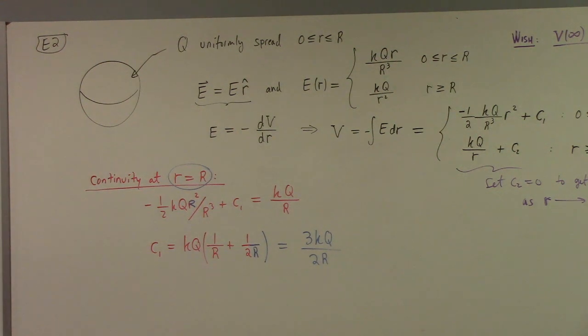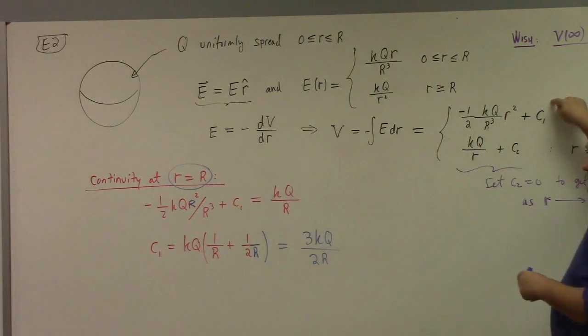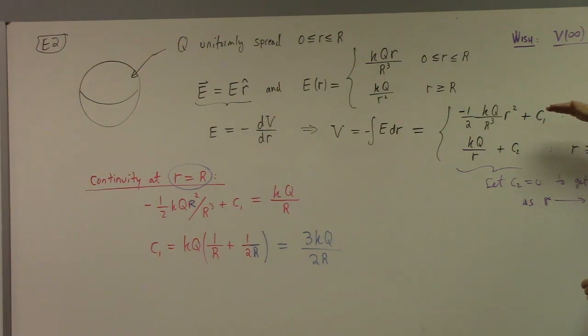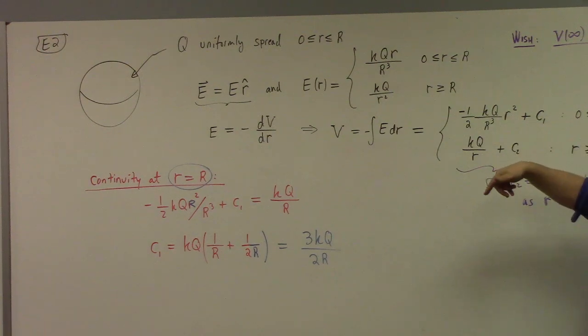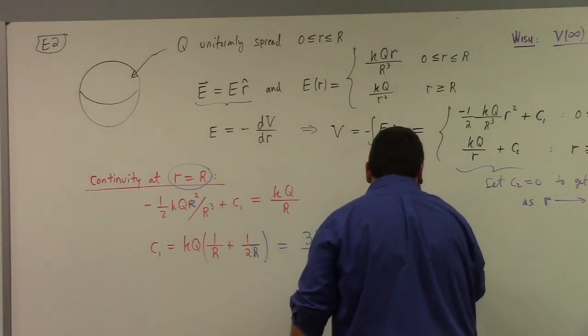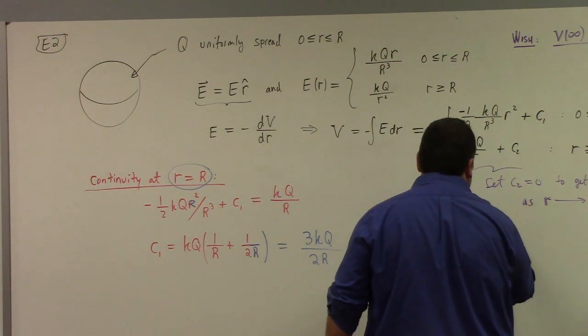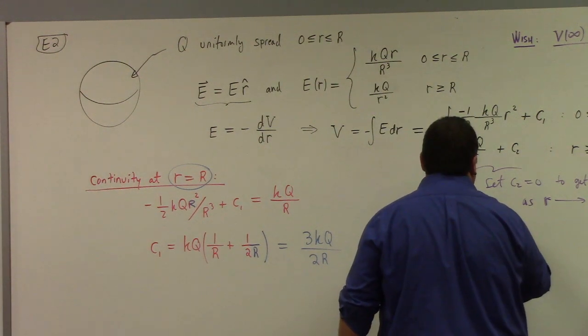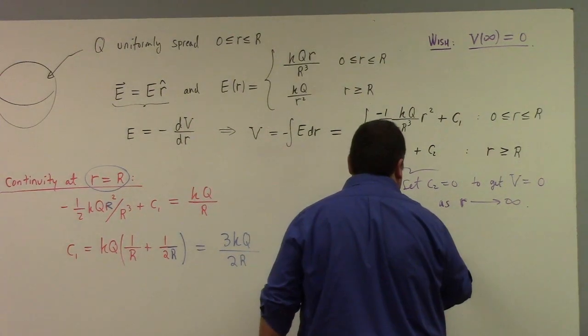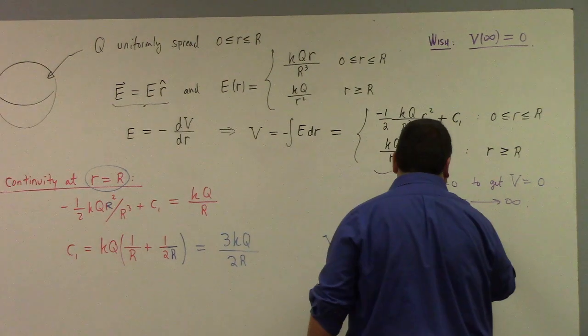Let's see here. So if I do that, when you plug that value in for the constant here, we agree that the voltage at the surface of the sphere is kQ over big R. So in summary, the voltage as a function of position is equal to minus 1/2 kQ over big R cubed times little r squared plus 3kQ over 2R.